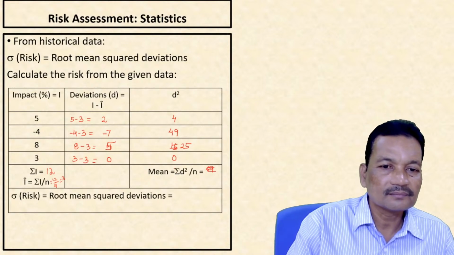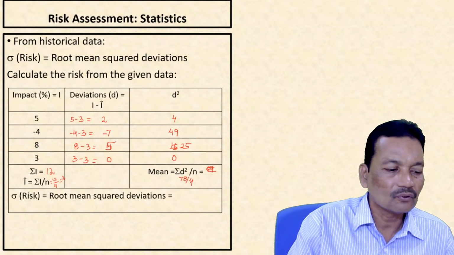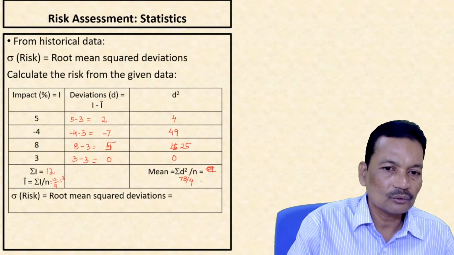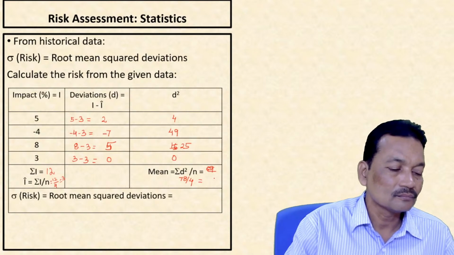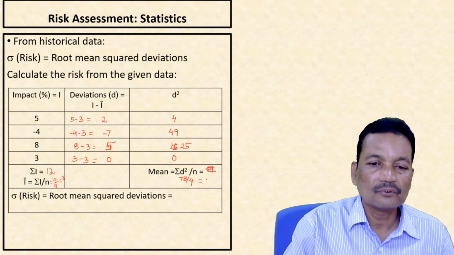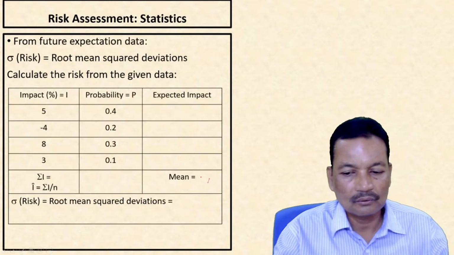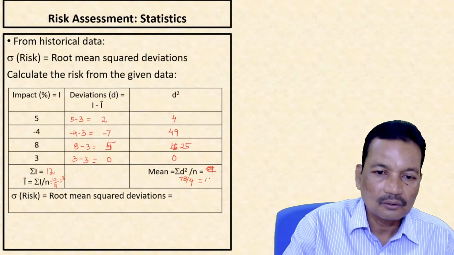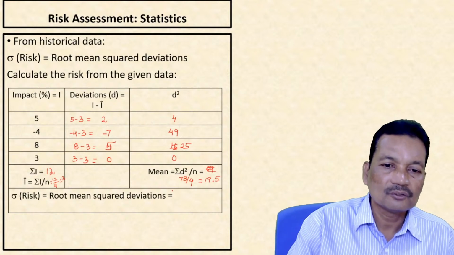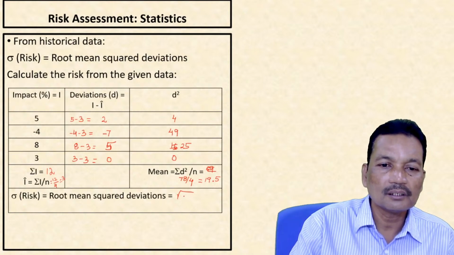The total is 78, divided by 4. So that gives me a figure of 19.5. So standard deviation is equal to the root over d square by n, that is root of 19.5.